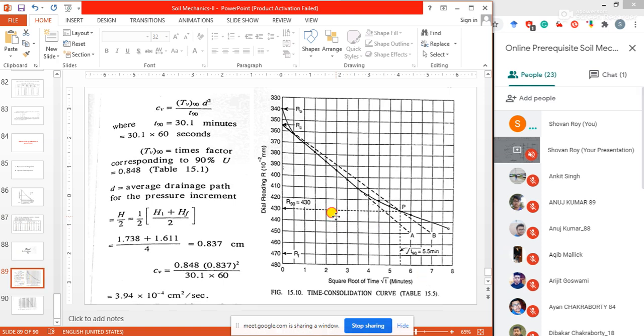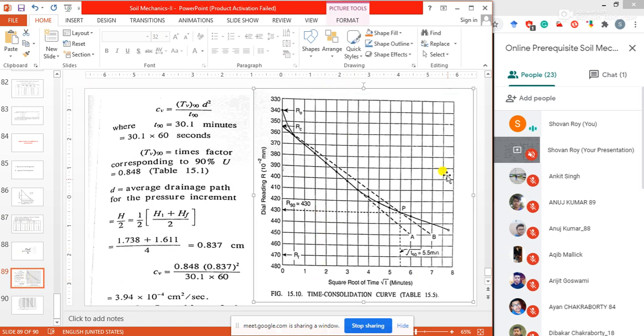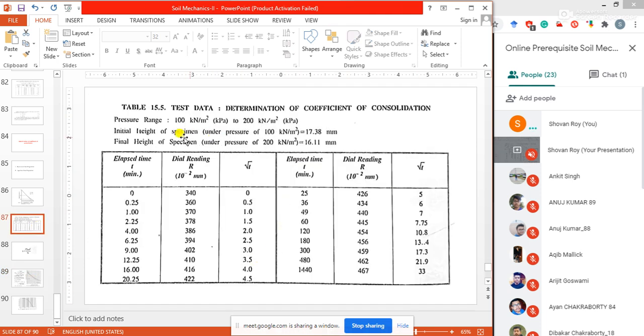Okay. You can see from this graph, which is drawn from the root t value and dial reading value.